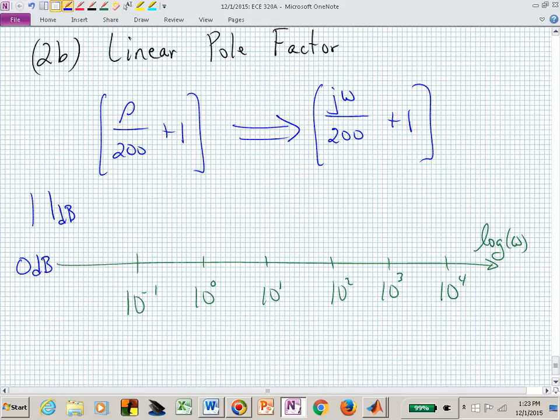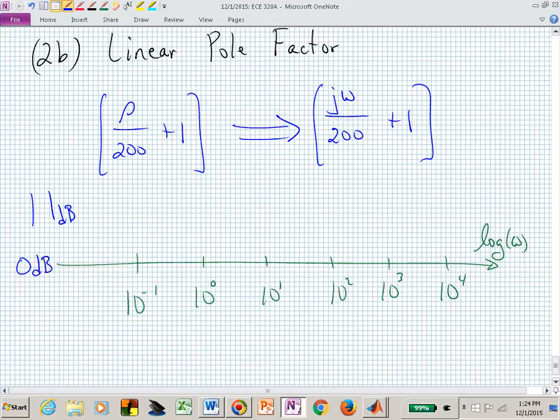Where am I looking now? I'm looking for the break frequency, and where is it? That was a very general question. You can give me a very general answer. 200. Okay, it's at 200. Where do I locate that dot? Log of 200 is how far between 100 and 1,000? What fraction of that distance?